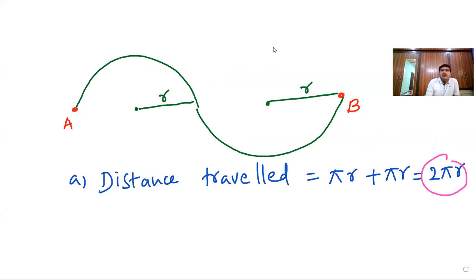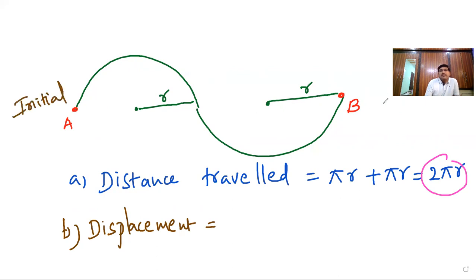Now the second question is displacement. What is the initial position? A is the initial position. What is the final position? B is the final position. What is the displacement?